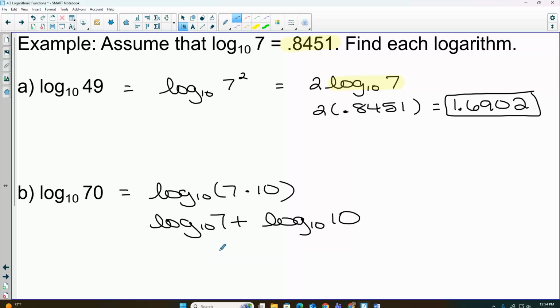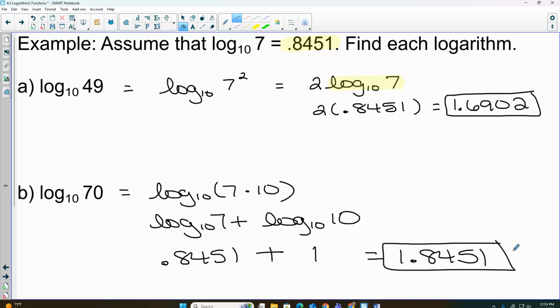I gave you log base 10 of 7. That's 0.8451. I didn't give you log base 10 of 10. It's 1. It means 10 to what power equals 10? So we get 1.8451.